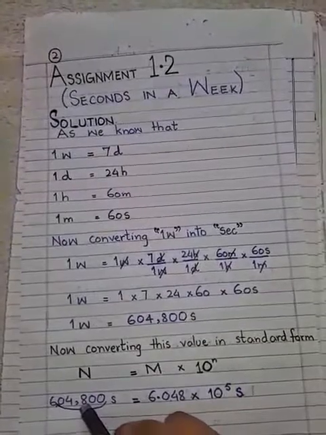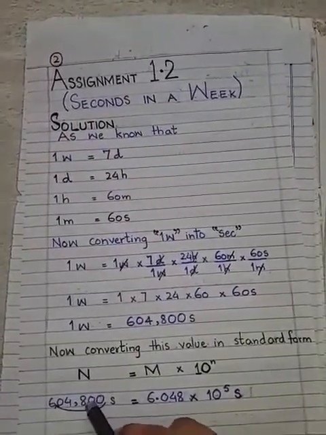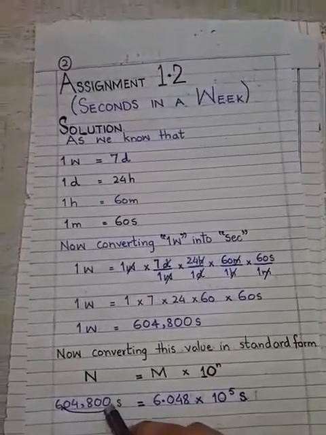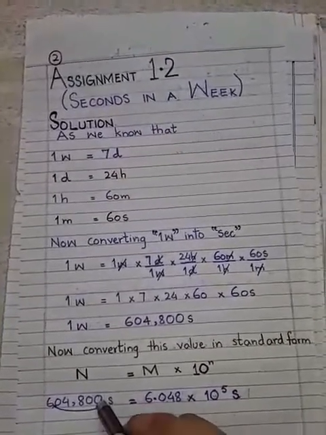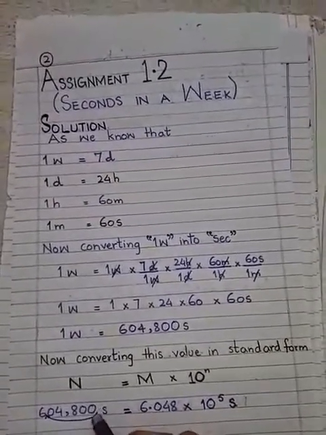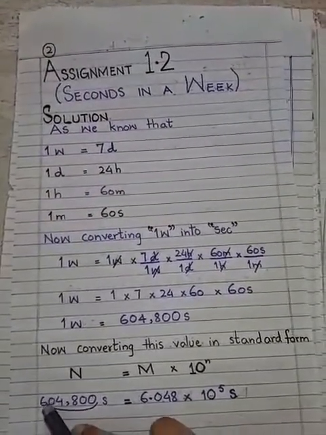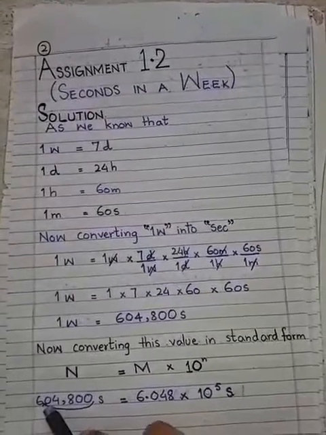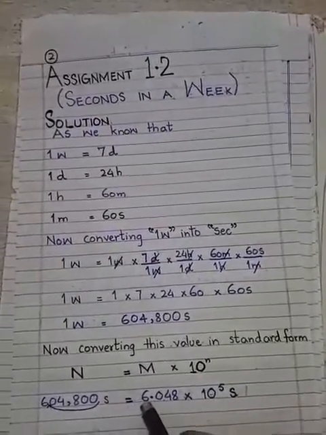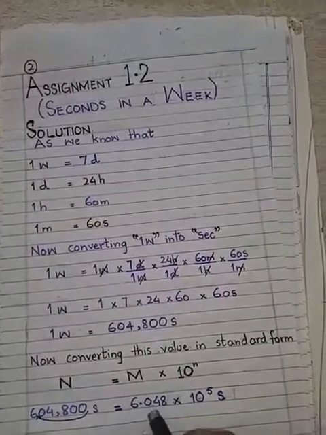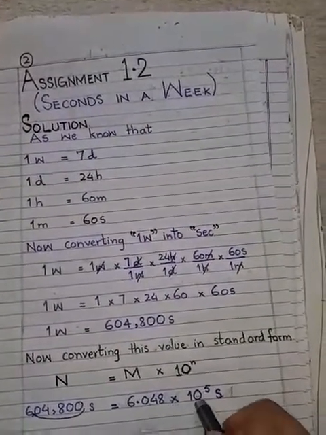8 is the third non-zero digit, and this 0 is the second zero digit, and this one is the third zero digit. So according to the rules of standard notation, the decimal will always be placed after the first non-zero digit. So the new notation is 6.048 into 10 raised to power.